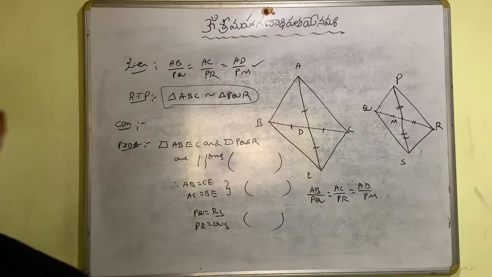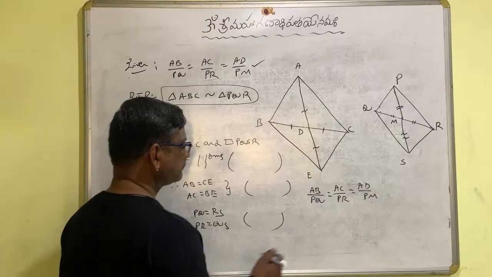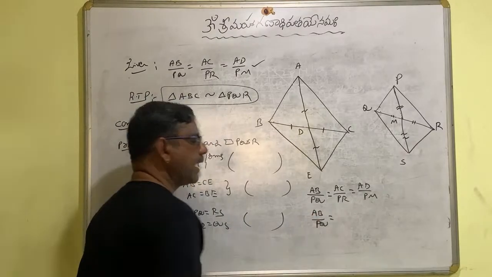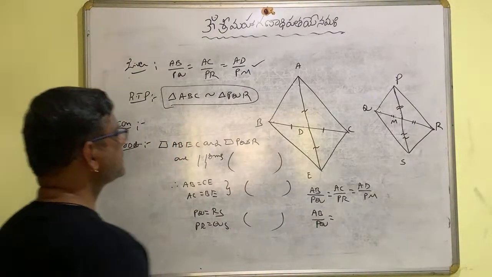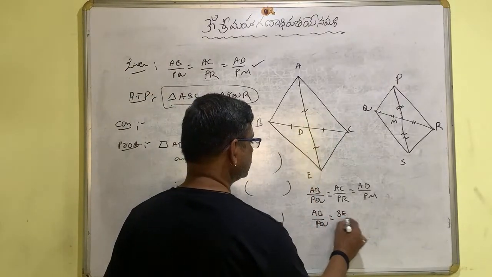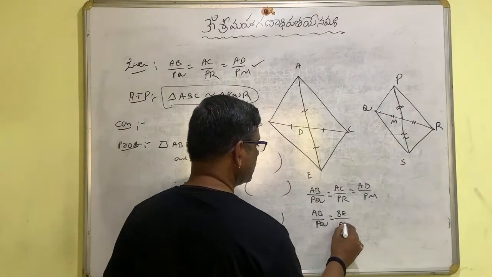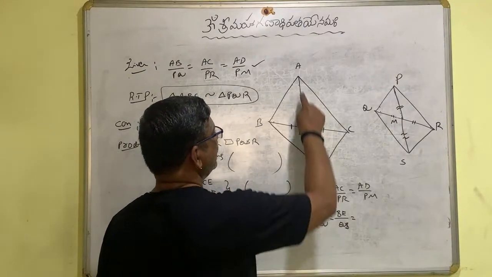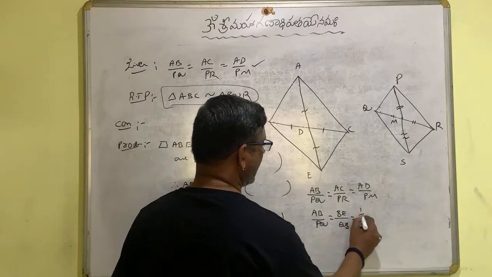Okay, now I am going to make some changes. See, AB by PQ as it is. I am not doing anything with that. Instead of AC, I will write BE, and instead of PR, I will write QS. Now, AD this one.